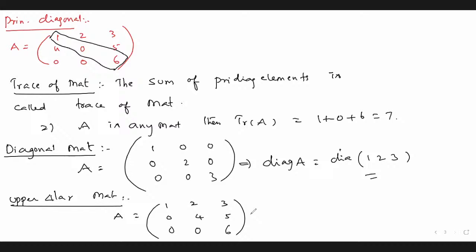This is called an upper triangular matrix. In a square matrix, if the elements below the principal diagonal are 0, it is called an upper triangular matrix.